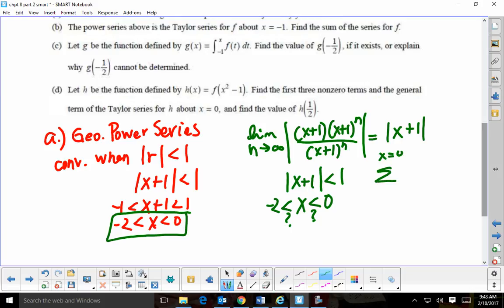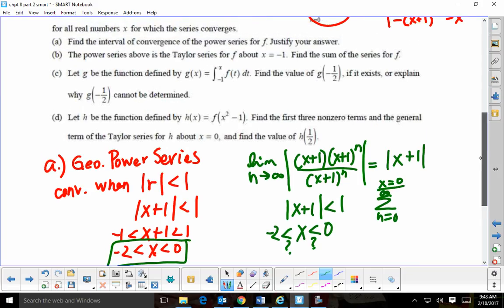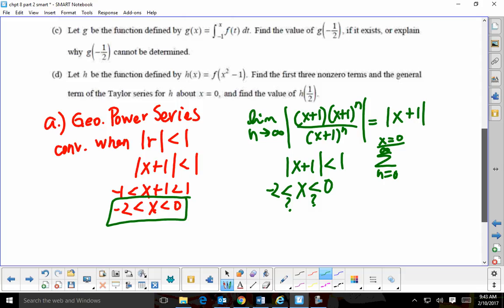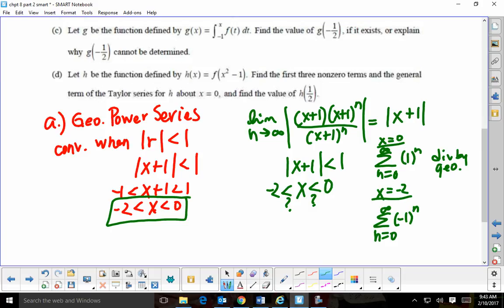So when x is 0, this guy becomes 1 to the n. And what does that do? Diverges by geometric series. Okay? When x is negative 2, this guy becomes negative 1 to the n, which does what?